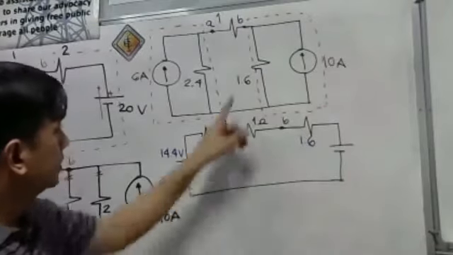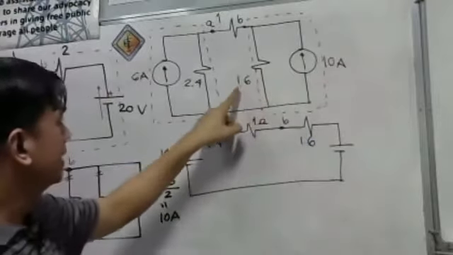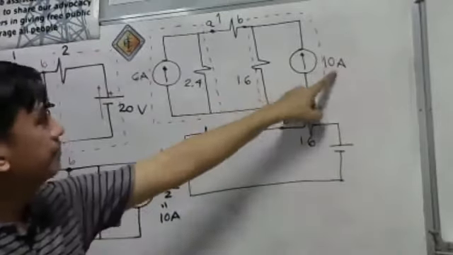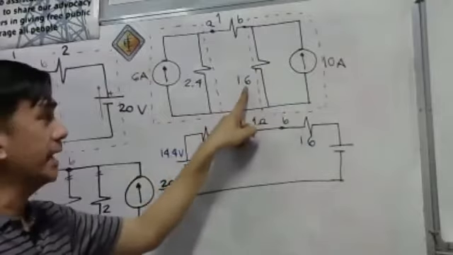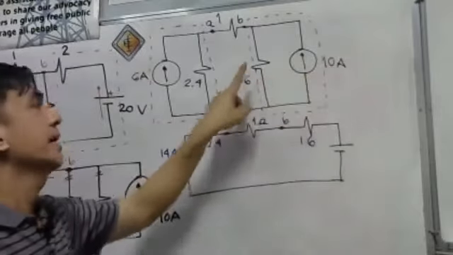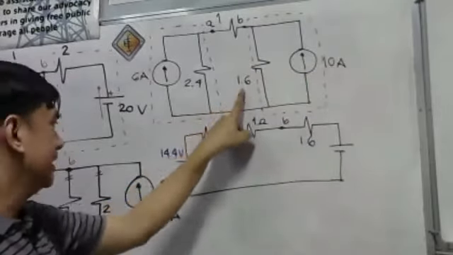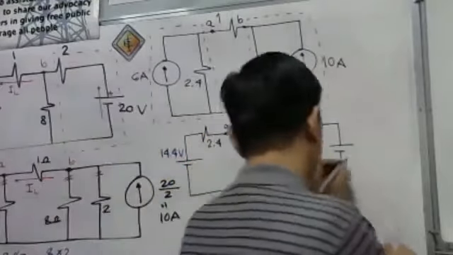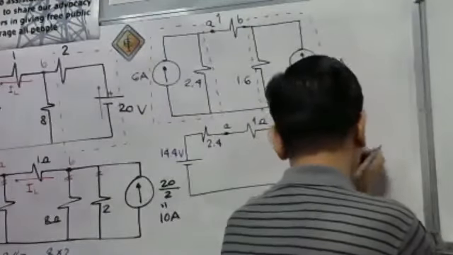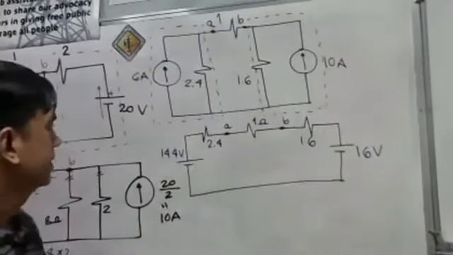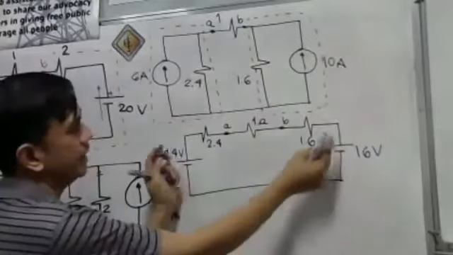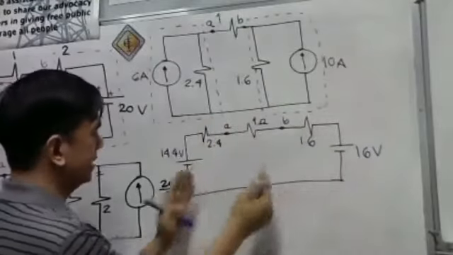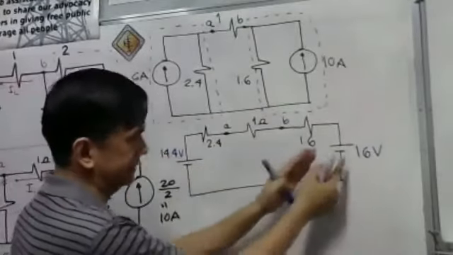What about this? Let us multiply the 10 amperes by the 1.6 ohm resistance. So we have 10 times 1.6, that is 16 volts. So we are seeing here 3 resistances and 2 voltages.